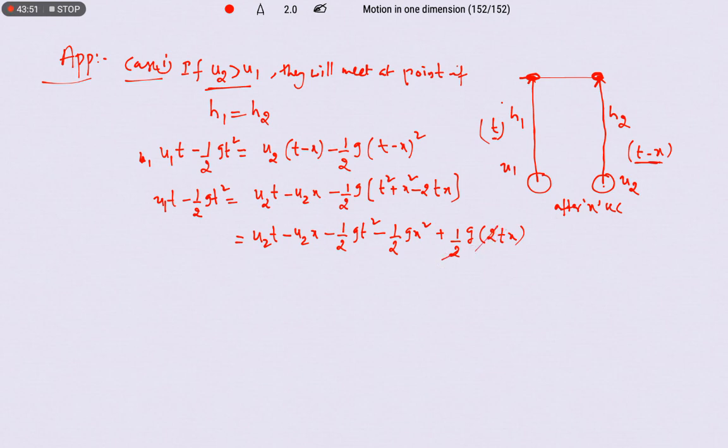Here minus half g t square and minus half g t square on LHS and RHS get cancelled.